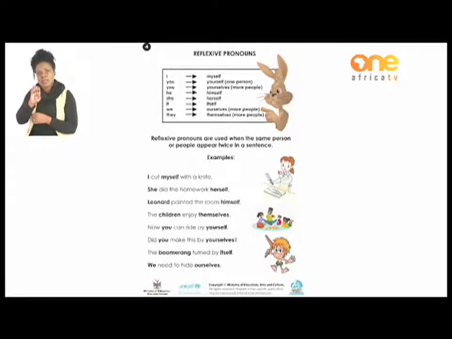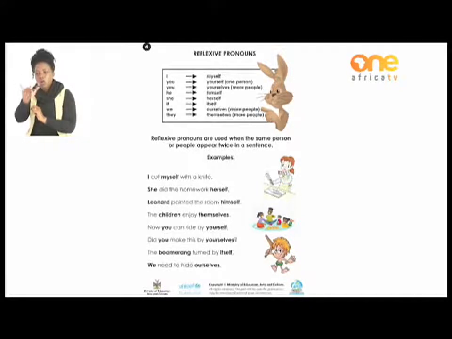All right, now the examples in the box are I. I is a personal pronoun. So when you refer it to a reflexive pronoun, it becomes myself. You can be one person, or when we are referring to more people. So if it's one person, it has to be yourself.